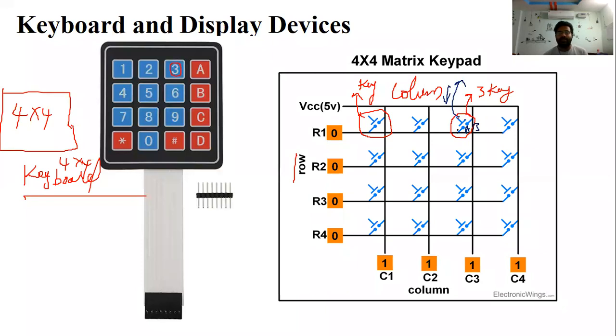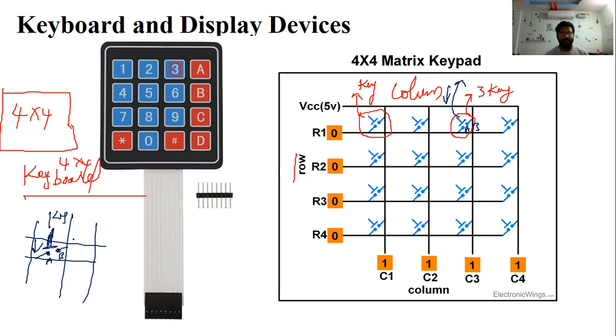That number is then taken by the microprocessor. That means the key touches both the row and the column. You understand how the keys are placed? Keys are placed in both rows as well as columns. Whenever you press this key, it touches both ends, A and B, for suppose, and then that key is taken by the microprocessor.